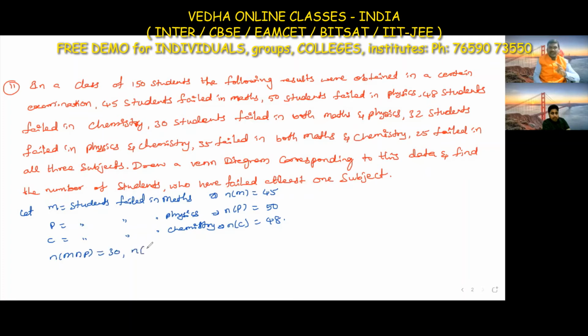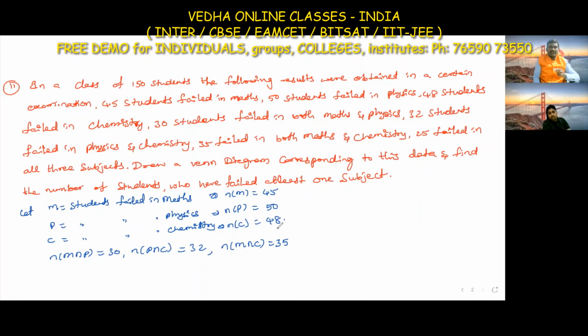Then 32 students failed in physics and chemistry, that is P intersection C equals 32. And 35 failed in both maths and chemistry. How many are there? 35 are there.